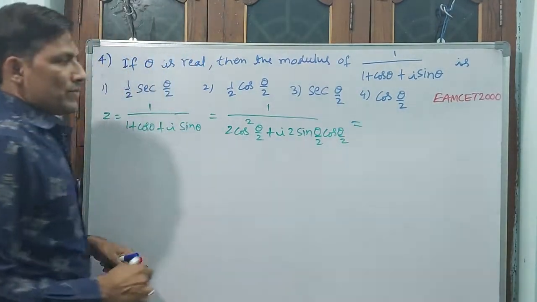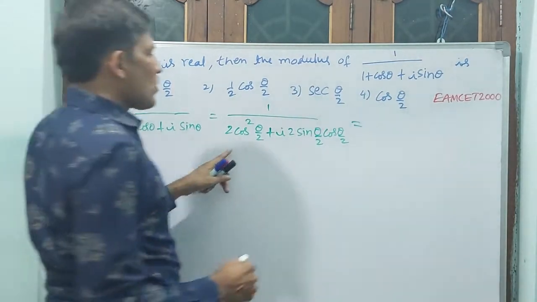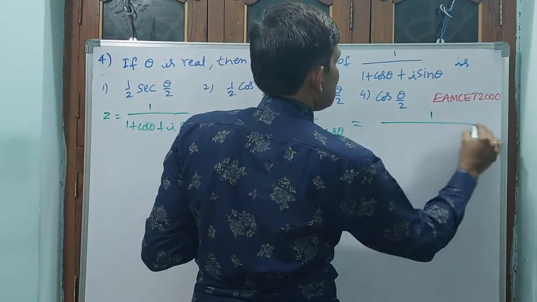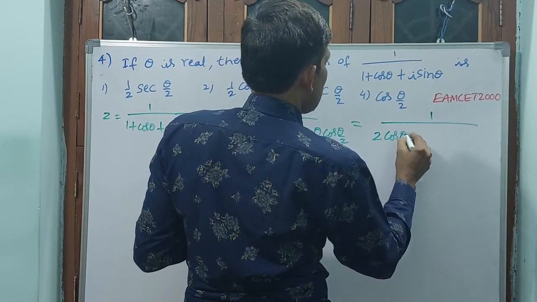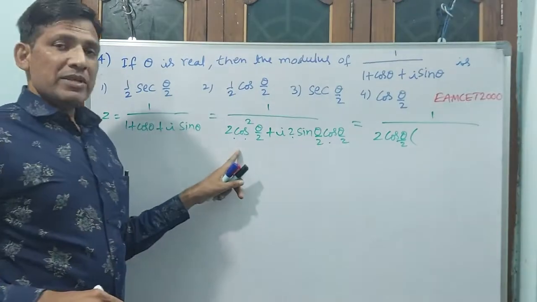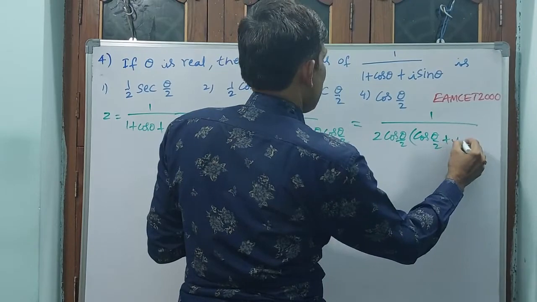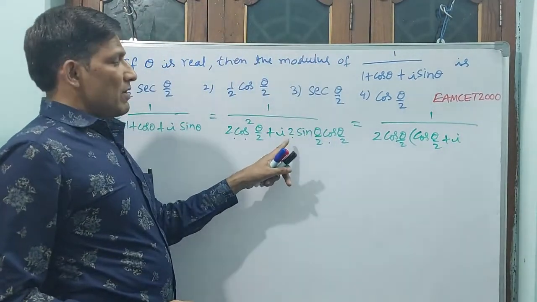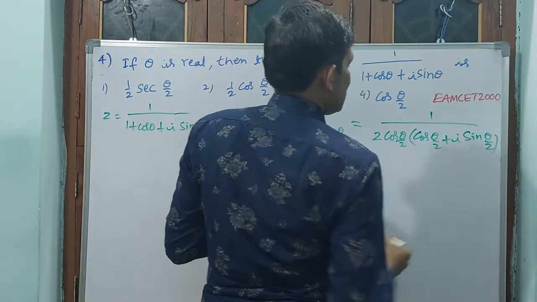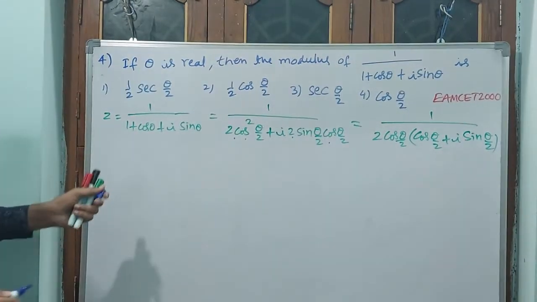Now you take cos common. Why? Because cos is in both. I have taken 2 cos theta by 2 common. What will be left? Cos theta by 2 plus I sin theta by 2, because 2 cos theta by 2 is outside, and sin theta by 2 remains. Now I want to split 1 by 2 cos theta by 2 separately.